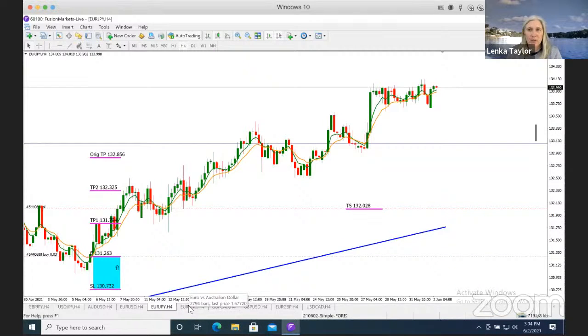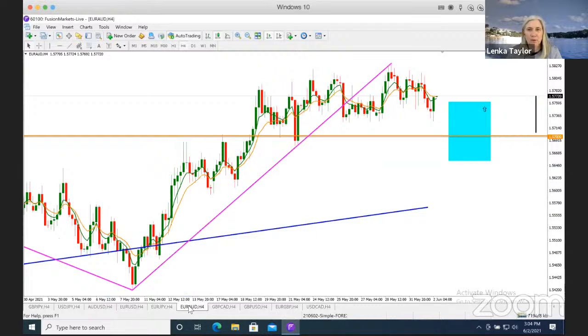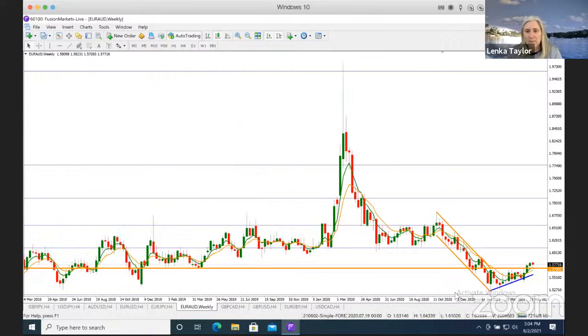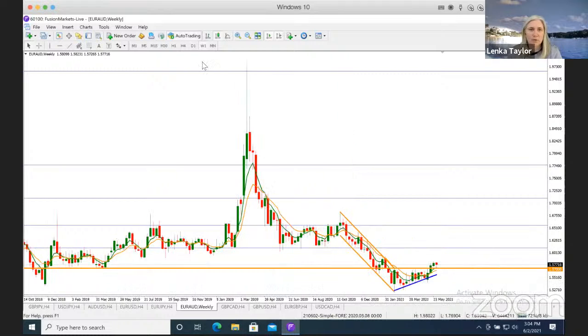Next currency pair I'm going to have a look at is Euro/AUD. So Euro/AUD, I'm looking for long. We look at the monthly, the price was coming down. So we were shorting for quite some time until this 1.57. And at the moment, that's had a little bit of reversal on the weekly.